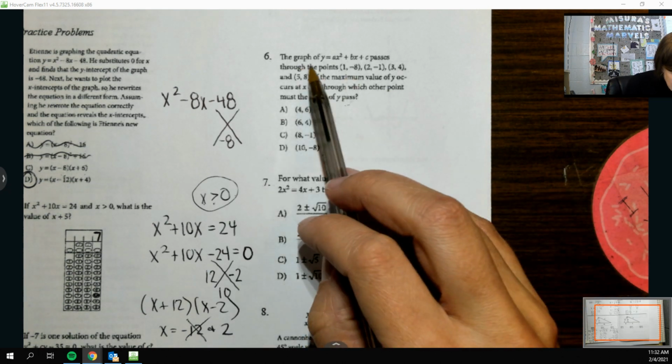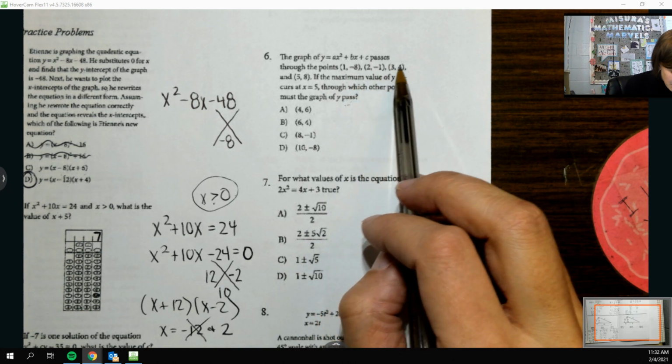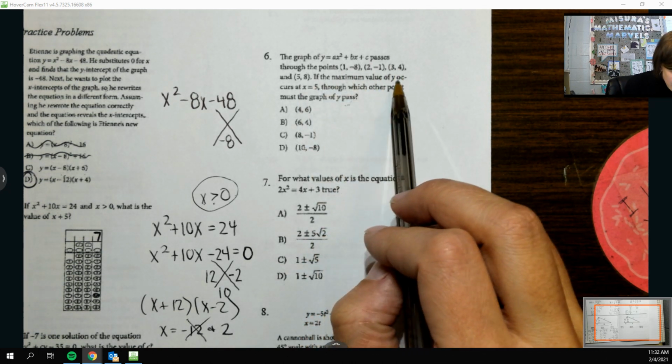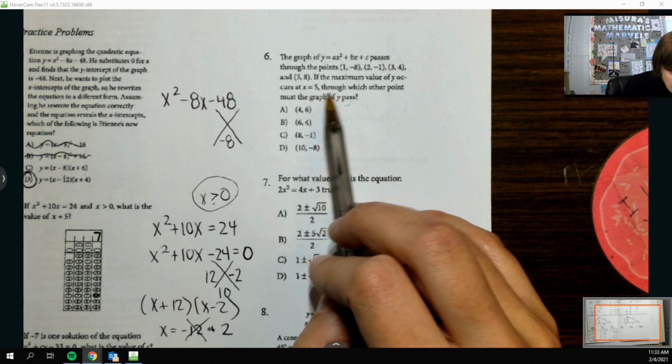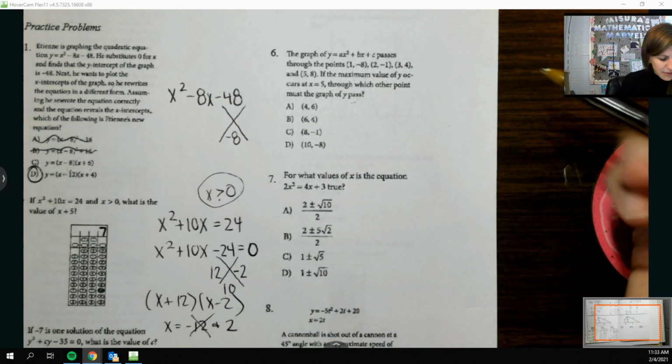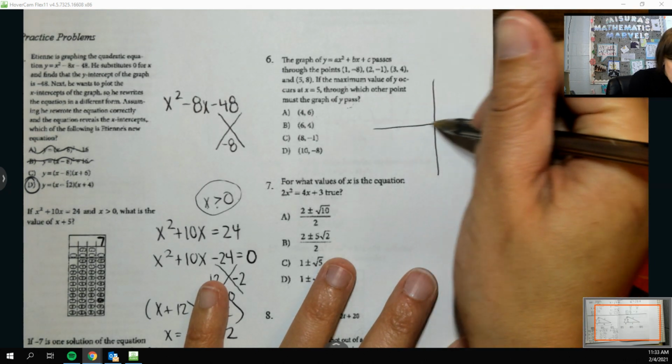Okay, we could try this one. The graph of y equals ax squared plus bx plus c passes through these points. If the maximum value of y occurs at x equals 5, through what other point must the graph of y pass? So again, I'm a very visual person. I'm totally going to graph these out.